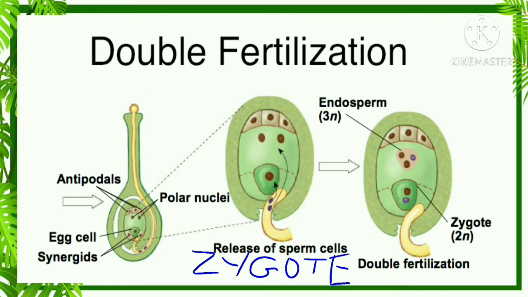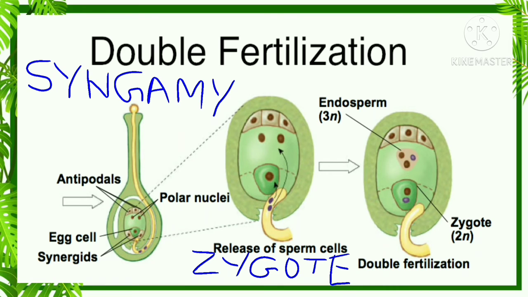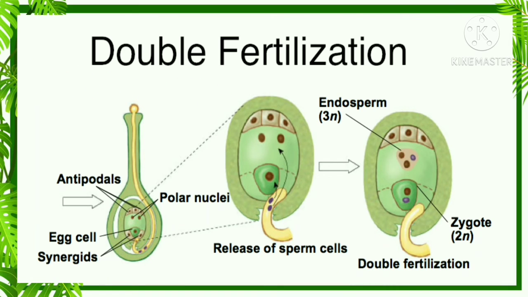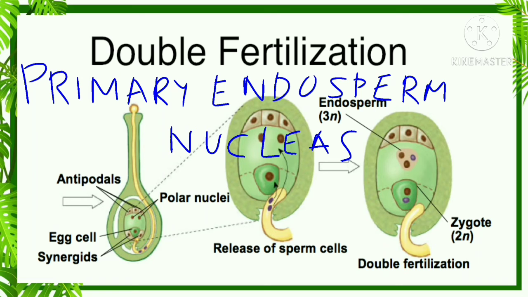This fusion is known as syngamy. The other male gamete fuses with the diploid secondary nucleus and forms the primary endosperm nucleus, which is triploid. This primary endosperm nucleus develops into endosperm, which nourishes the growing embryo.